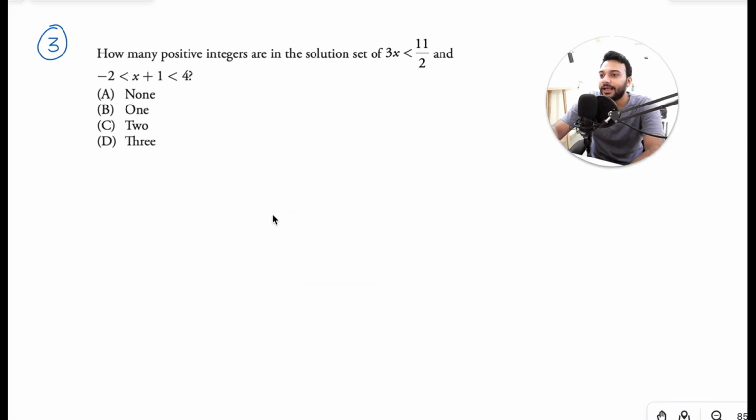Question number 3. How many positive integers are in the solution set of 3x < 11/2 and -2 < x + 1 < 4? Positive integral solutions, integers.